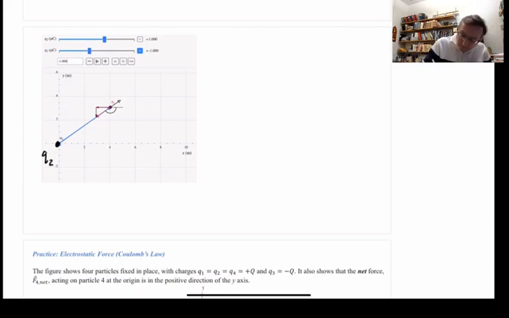Q1 up at x equals 4 meters, y equals 3, with charge Q1. And Q1 is -1 microcoulombs. Q2 is +1 microcoulombs.